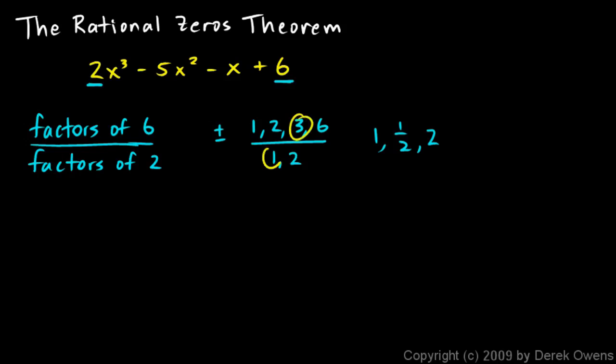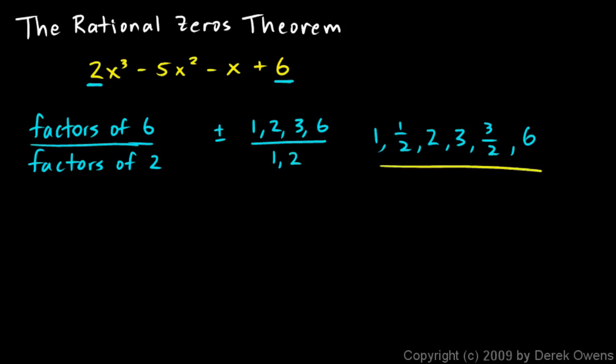But then I have 3 over 1, which is 3, so that's my next one. And then 3 over 2, which is 3 halves, so I'll put that in the list. And then I have 6 over 1, that's 6. And then I have 6 over 2, which is 3, and that's already in the list.